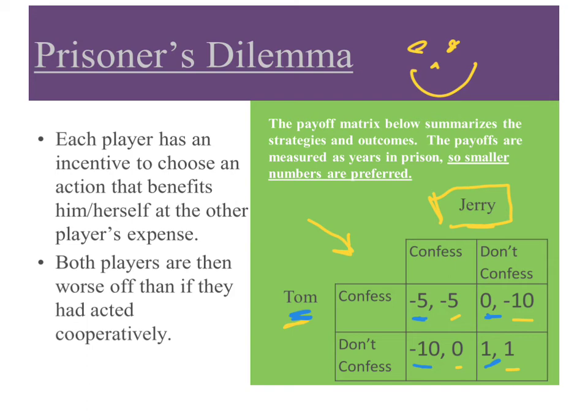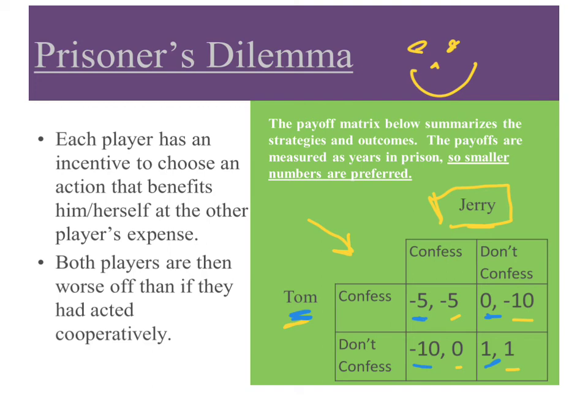The prisoner's dilemma is set up with a particular story. We have Tom and Jerry, both of them prisoners. These two prisoners are held in separate cells for a serious crime that they definitely committed.